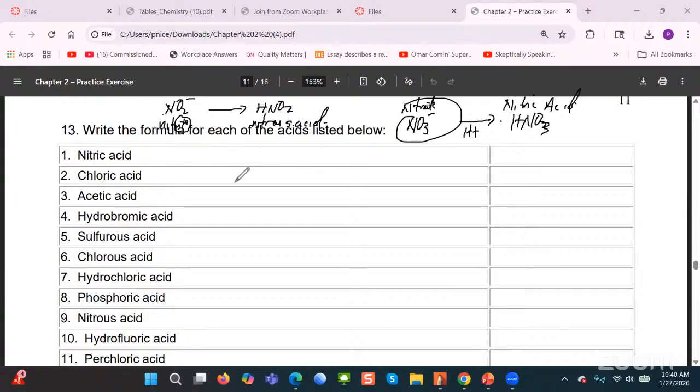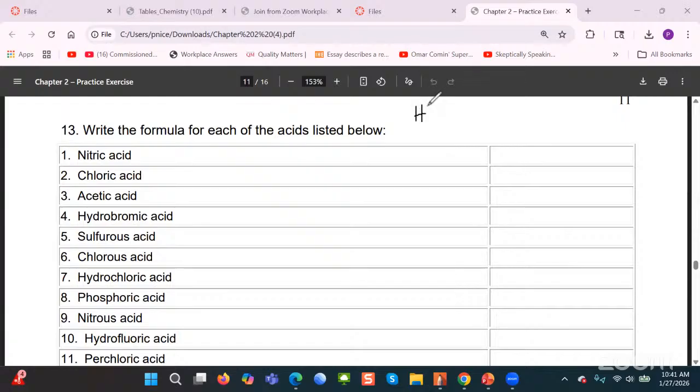And there's another thing I need to say about binary acids, like this one right here. A binary acid, I'm going to use HCl as an example. Now this compound, HCl gas, is known as hydrogen chloride.